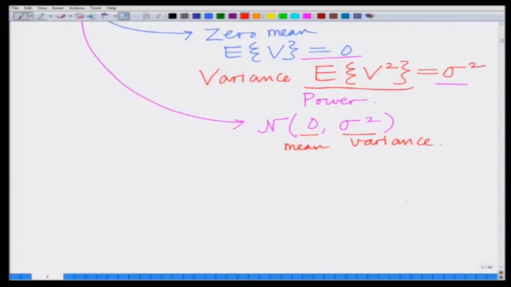Now, one can ask the question, if the noise v is Gaussian, what is the probability density function of the observation y? We have y equals the parameter h plus v, and we are going to assume that v is Gaussian noise with mean 0 and variance sigma square.